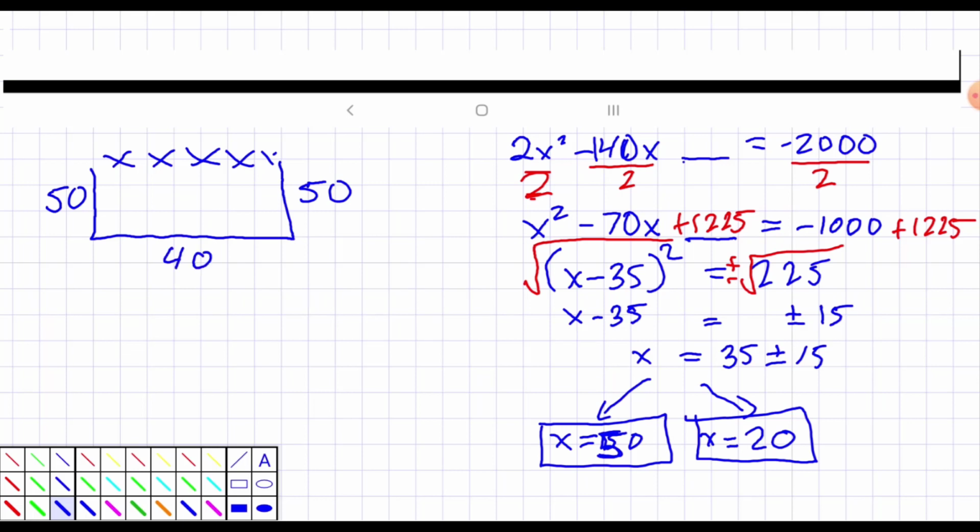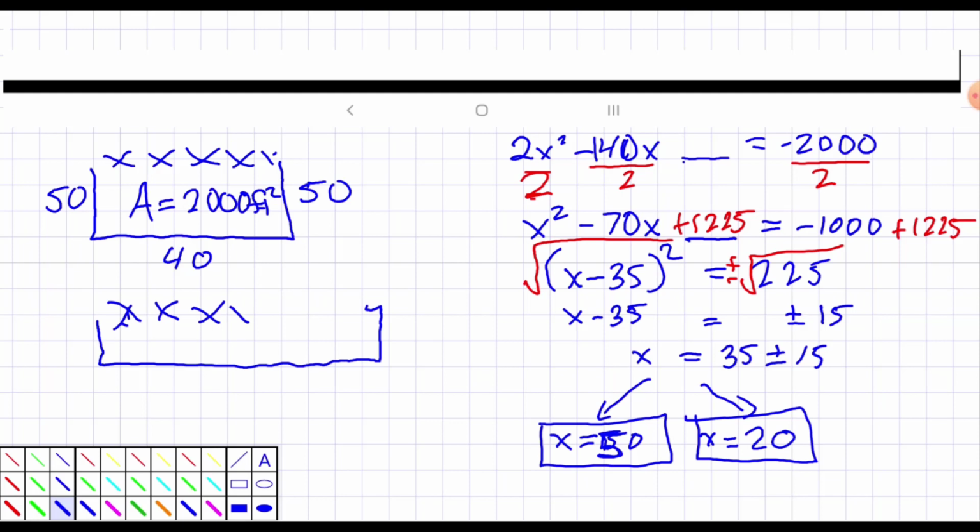And now, what do you notice? What would the area of this rectangle be? What's 50 times 40? 2,000 square feet. Beautiful. So yes, the dimensions of this rectangle would be 50 by 40 by 50. We don't need the other side. Alright, but there's a second answer that works. Let's see. So again, this one would be a longer, skinnier rectangle.